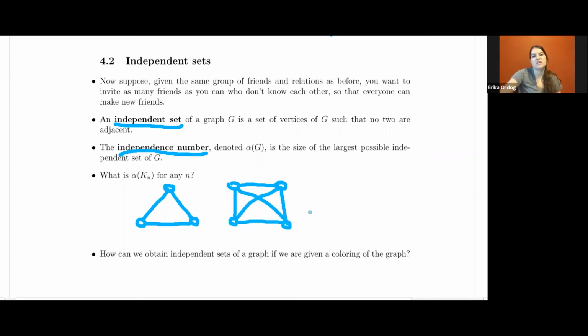For that same reason, you can't take any bigger set of vertices. But if you just take one vertex, it's not adjacent to itself, so that single vertex forms an independent set. So, whoops, it's not omega, it's alpha, the independence number of Kn is 1.